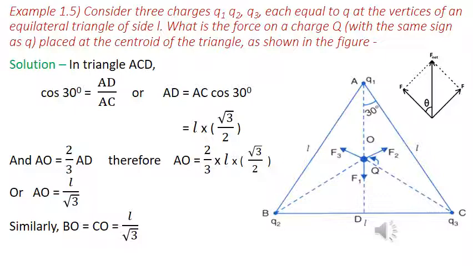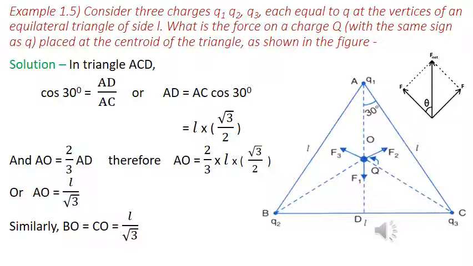So in the solution of the question, we can see in the figure, we don't know the value of distance between any of the two charges. So for that we will calculate the distance between the charge situated at centroid and the other charges, which is OA, OB and OC. So in triangle ACD, cos 30 degrees is equal to AD by AC. From here we can calculate the value of AD, which is equal to L into root 3 by 2.